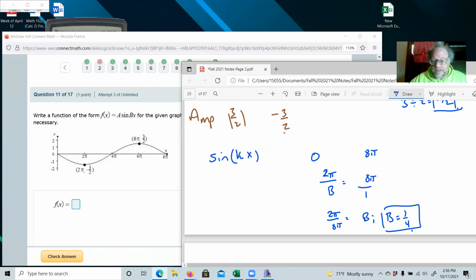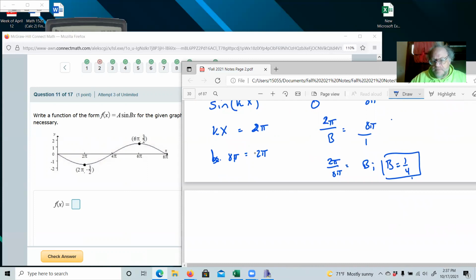The other way to go is like, well, I'd like this whole business in here, regardless of what this is, I'd like this to be 2 pi. And my x value is 8 pi. So we have k times 8 pi is equal to 2 pi. We're going to go ahead and divide both sides by 8 pi, and end up with b is equal to 1/4.